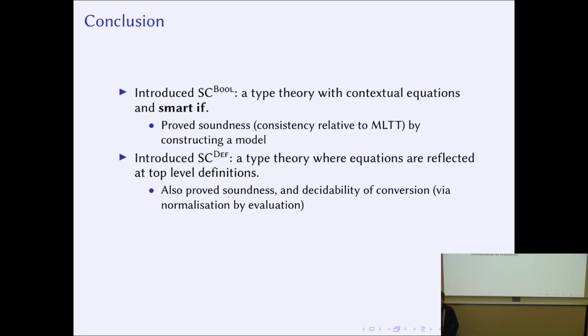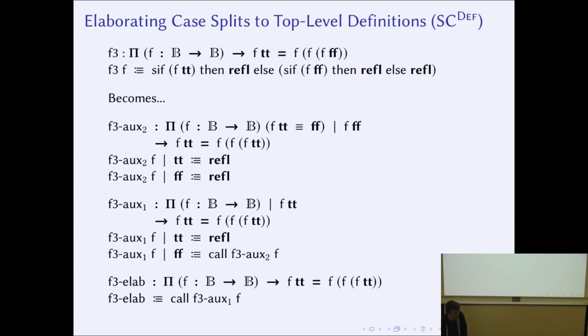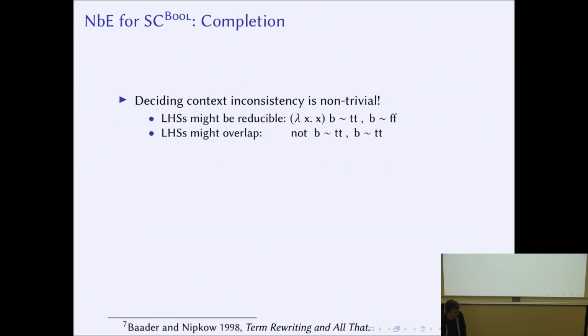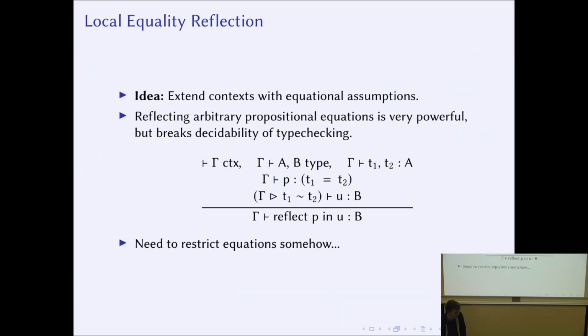Sure. I think the original goal was still relatively similar to this. I was talking about reflecting propositional equations. I was maybe hoping to not only focus on Boolean equations, which is probably the biggest limitation. The original idea of adding equations via case splitting is not new.